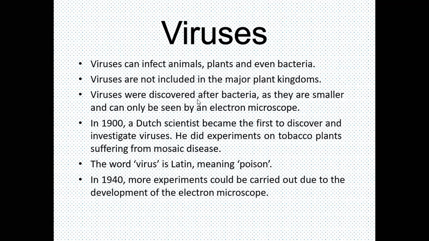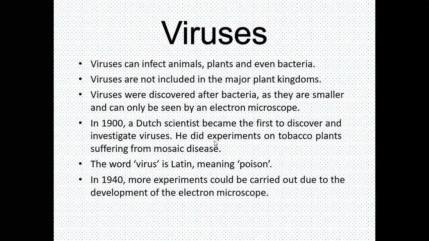Viruses were discovered after bacteria. At first, bacteria was discovered. Afterwards, while studying bacteria, virus was discovered by a Dutch scientist in 1900. Dutch means Netherlands scientist, and he gave its structure.